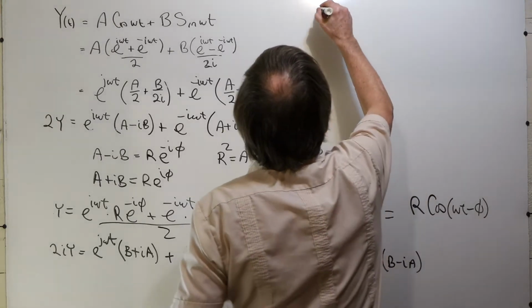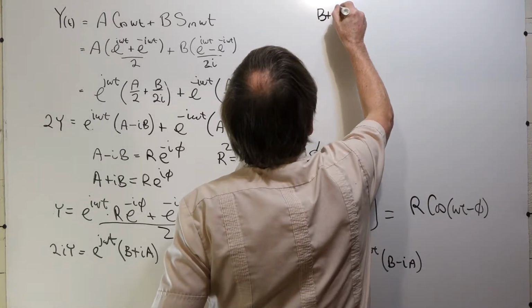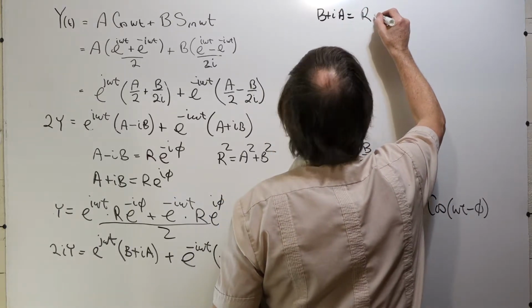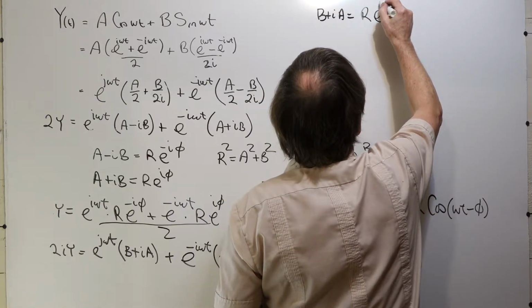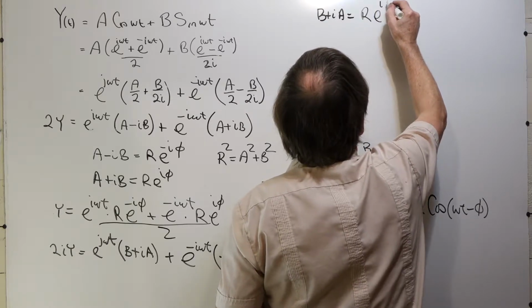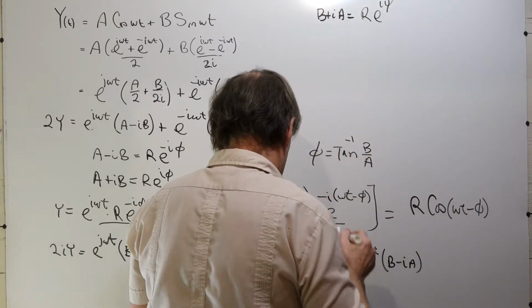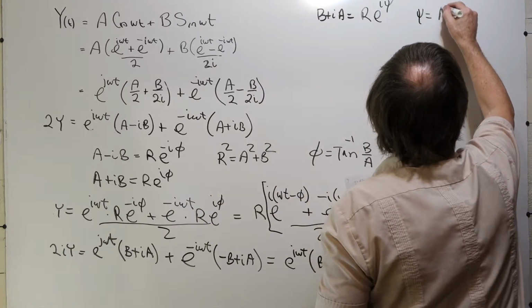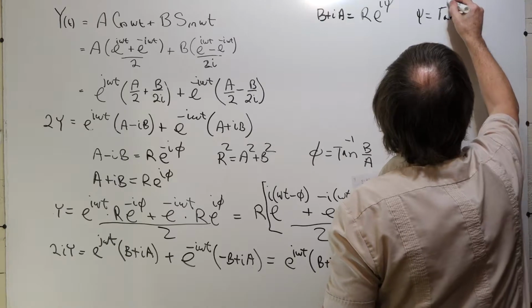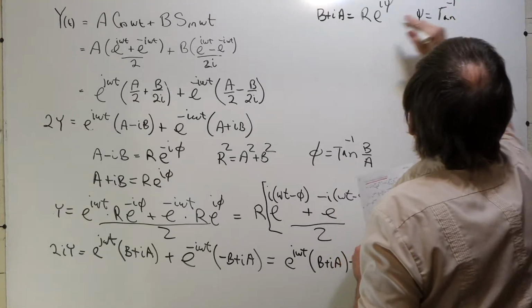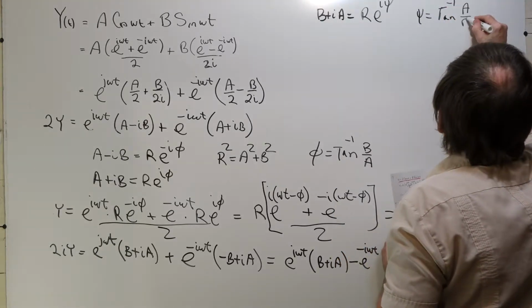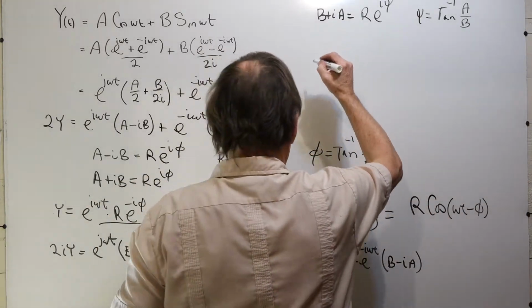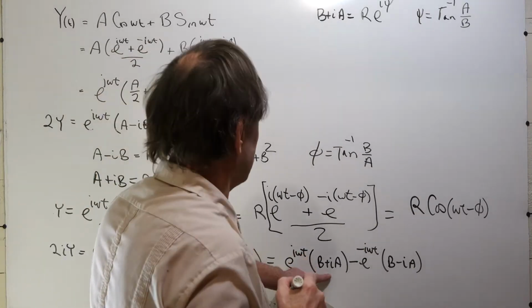So we have B plus iA is equal to R, the magnitude, R e to the i, I'll call it psi, a different angle. And psi is the angle whose tangent is the imaginary part over the real part, or the arctan of A over B. That takes care of this.